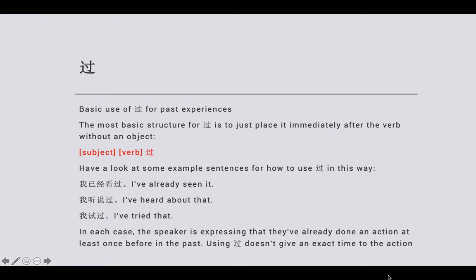This action was finished in the past. 我看过，我已经看过。But if you said, "I saw it," 我看了，我看了, it means simply that you finished this action, but you are not really stressing the importance that this action can have on the present. That's the main difference between 了 and 过. I hope this is clear for you.